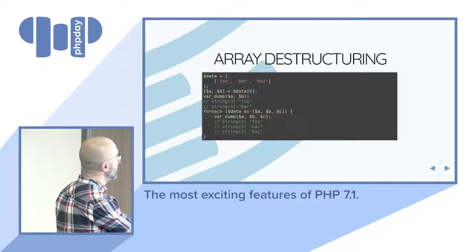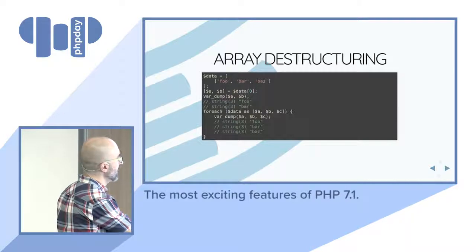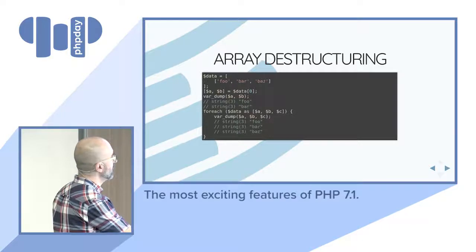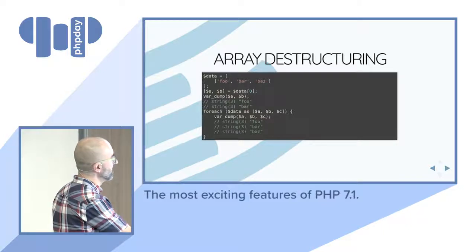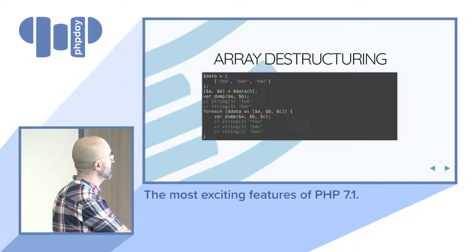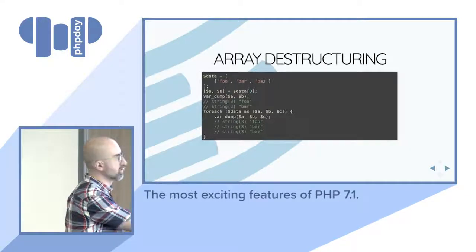Using PHP 7.1, you can use the square bracket and assign the first element of the array. So basically this means PHP goes inside the first element, so this element here, and tries to get the value of the first and the second, actually, because we are just specifying 2 variables here, $A, $B, with foo and bar. So we are not using the third element of the array here.